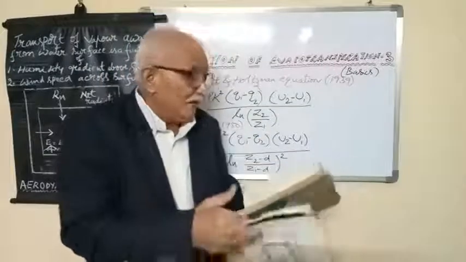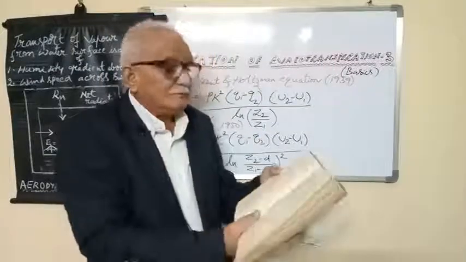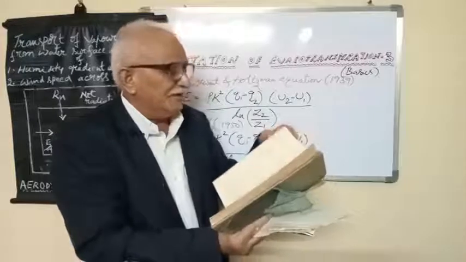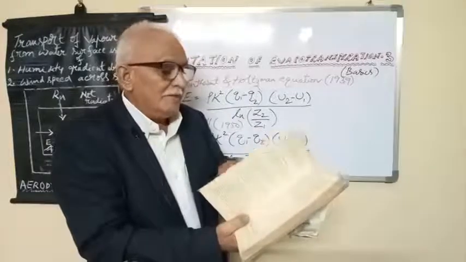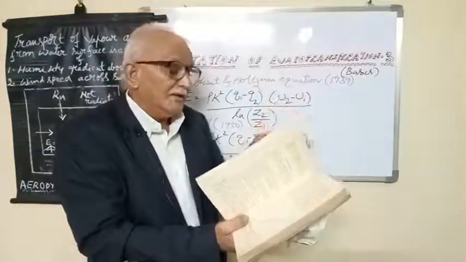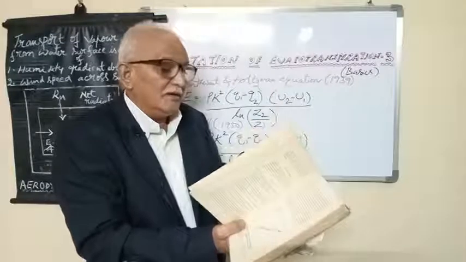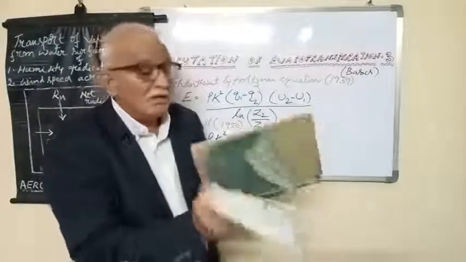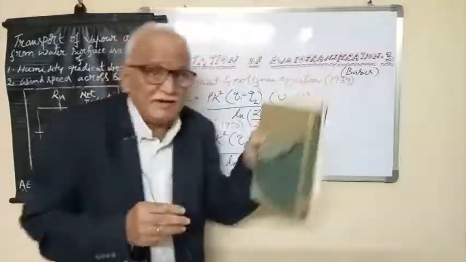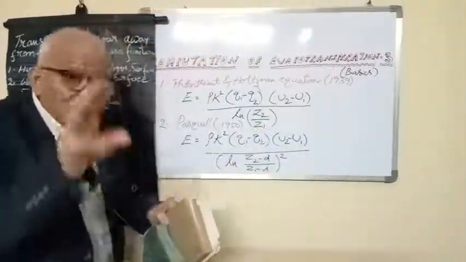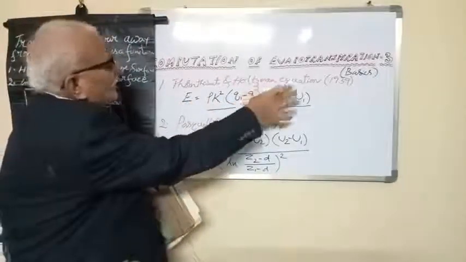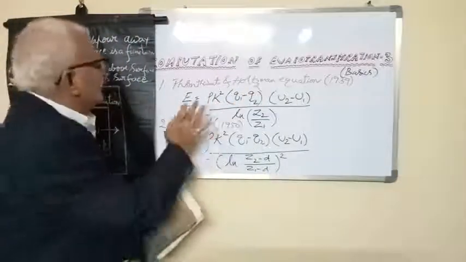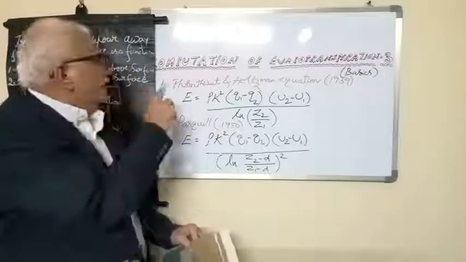In pages 164, 65, 66, after the energy balance, he went for the aerodynamic approach. He gave, for the first time, a wonderful equation developed by Thornthwaite-Holzman. Simple, very simple. Please remember that.